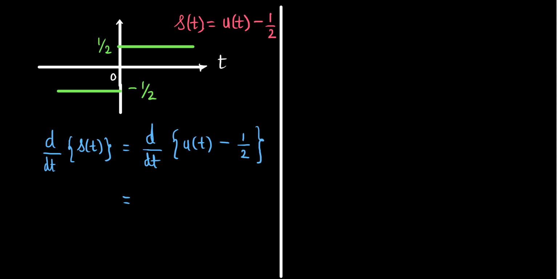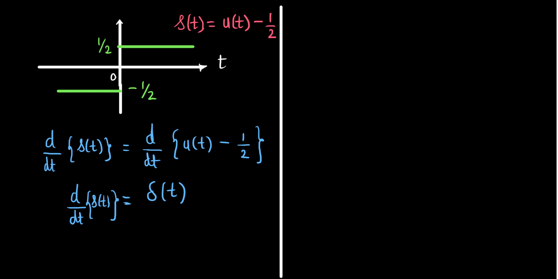And we know that the derivative of u of t is del t and the derivative of a constant would be 0. So the derivative of this new function s of t is del t. And you may be surprised that the derivative of u of t is also del of t, and the derivative of this new function s of t is also del of t. This is obviously due to the fact that the derivative of a constant is 0 here.